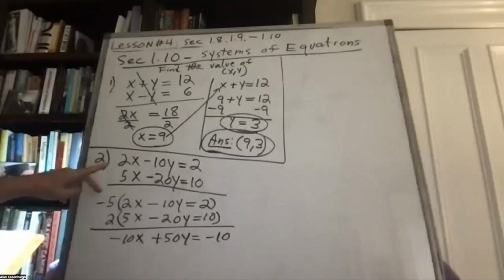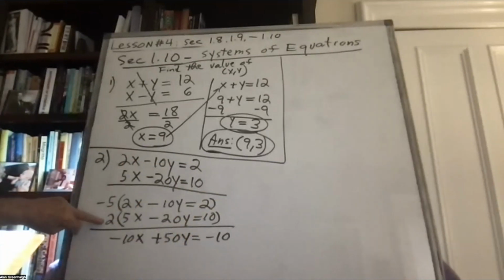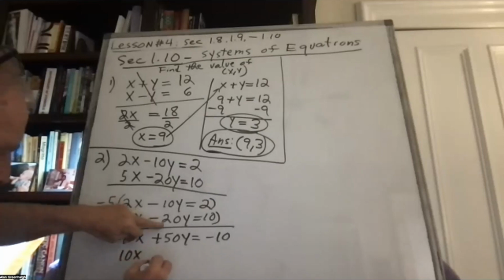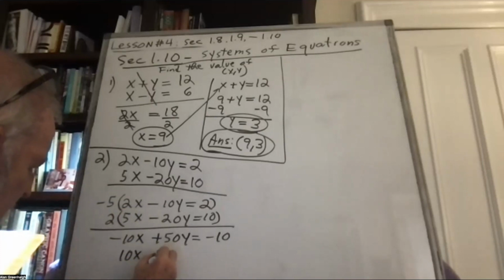Incidentally, it's necessary that when you're multiplying an equation by a number, everything gets multiplied. It's not just what we want, it's everything in the equation. Here, we get positive 10x. Now this becomes negative, what, 40?